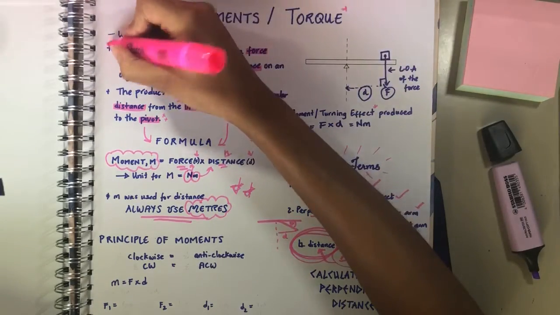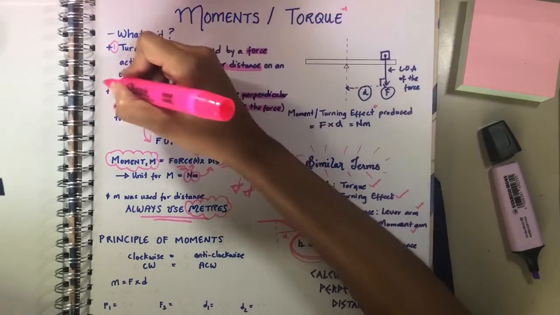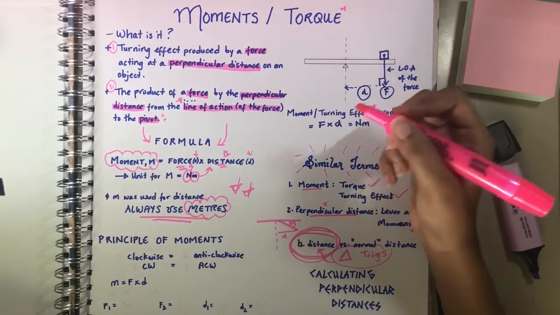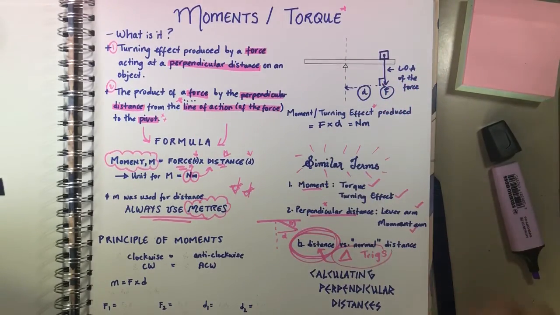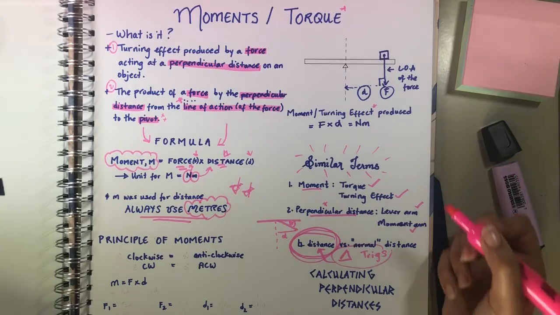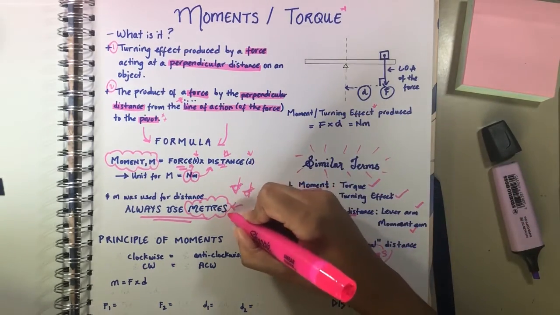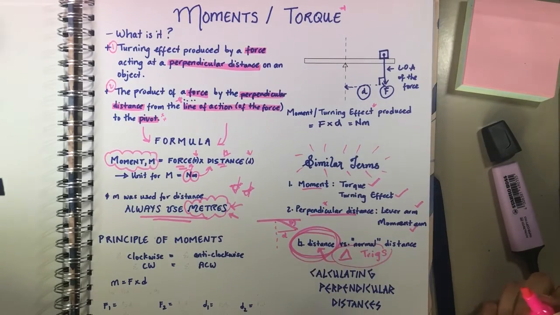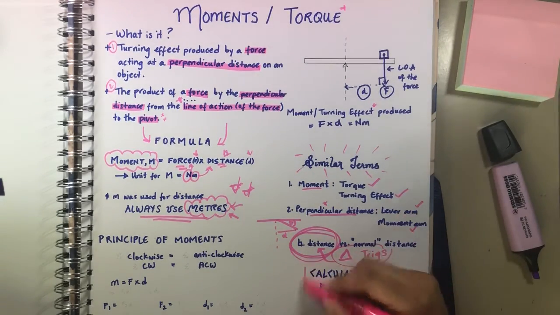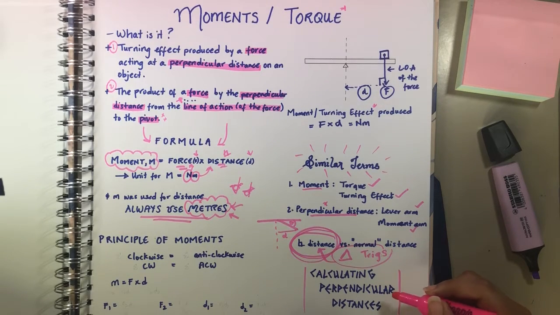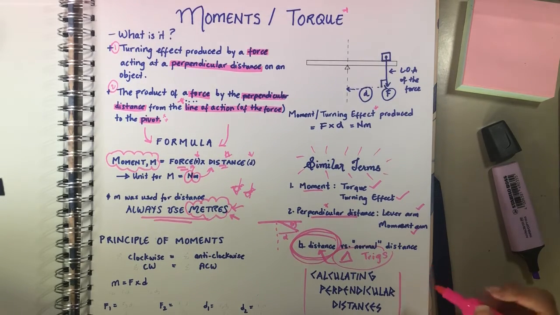In the first definition they said perpendicular distance, in the second one they said perpendicular distance, and this is what we need to find always. And remember I said that the distance is always in meters. So don't worry about this, we actually have another video calculating perpendicular distance that we would be uploading as well.